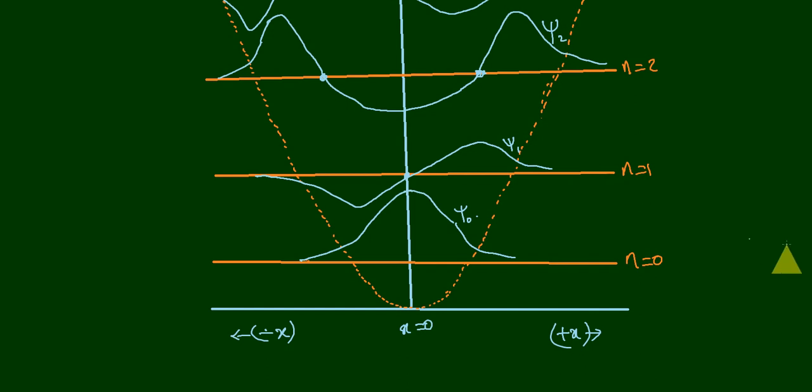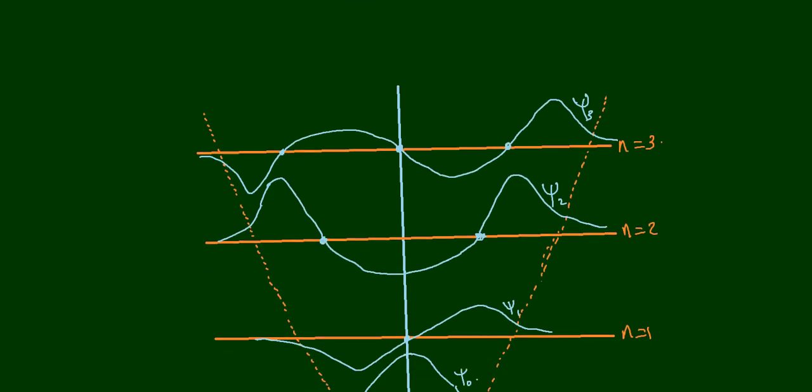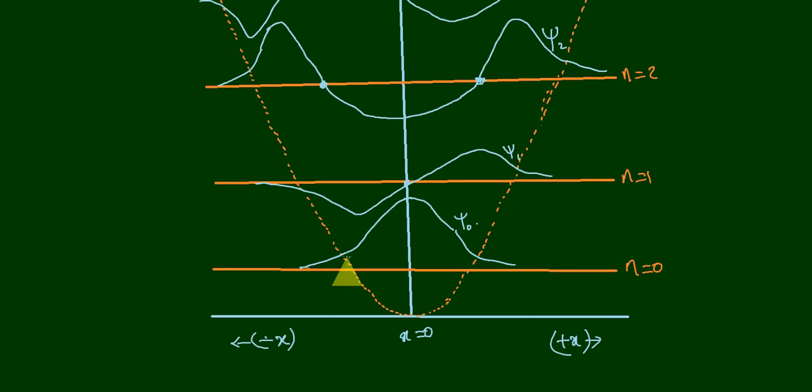Another important thing you can understand from these plots is that this dotted line marks the turning points of the classical mechanical system, right? So that is the potential barrier of the classical mechanical system.